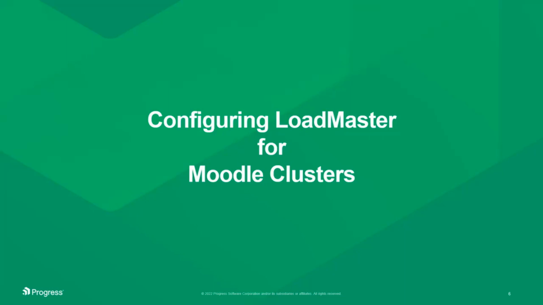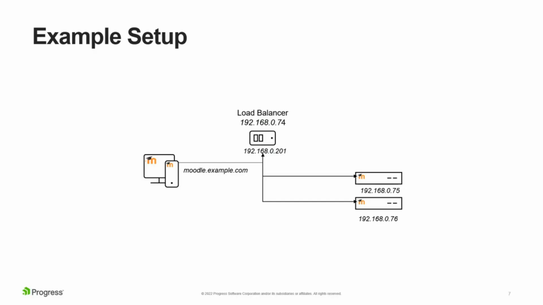Let's now work through configuring a LoadMaster to load balance traffic between two Moodle hosts. Our example setup is very basic. We have two Moodle servers and a single load balancer, and they're all in a 192.168.0 subnet.